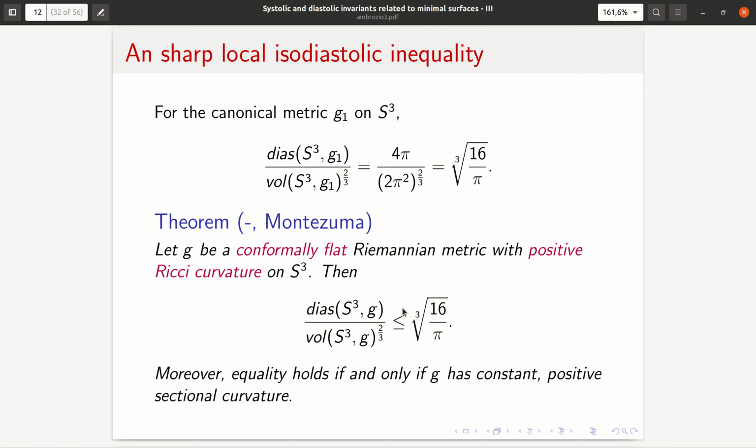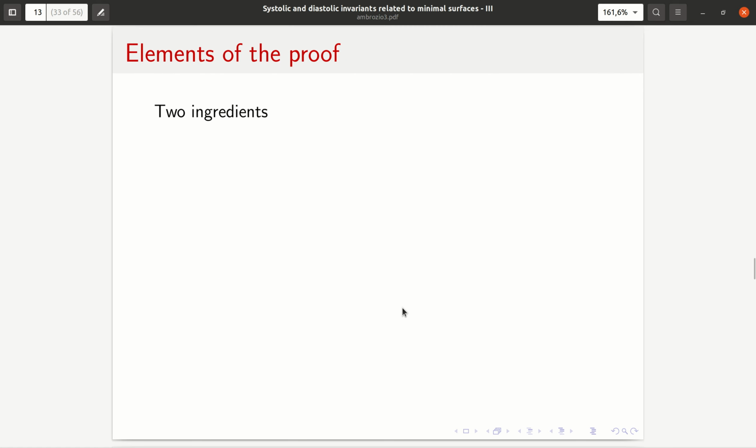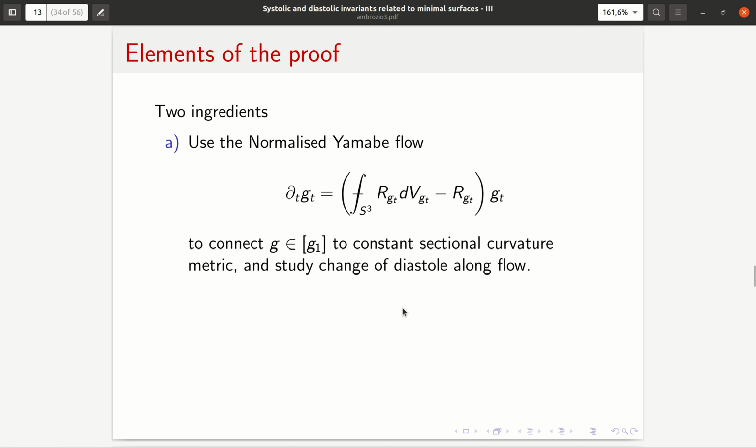Okay, so let me give you two ingredients of the proof of this result. The first ingredient is the normalized Yamabe flow. I wrote the formula. This is a geometric flow.